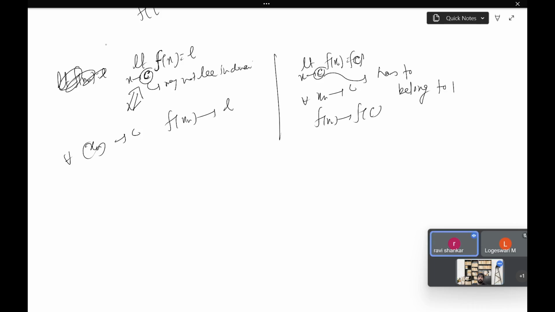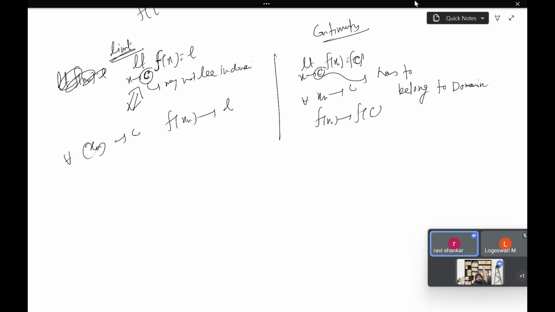In the limit definition, the c may not be in the domain. But in the continuity case, the limiting point must belong to the domain by definition.